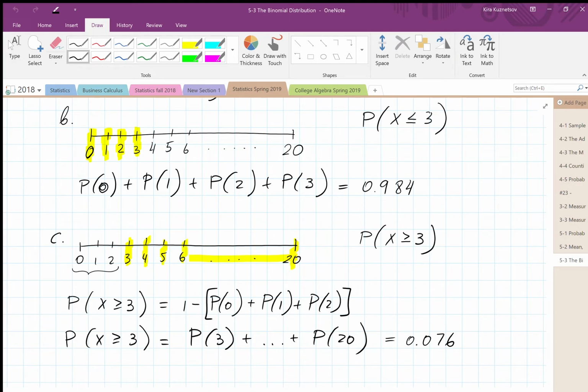This lecture is a continuation of 5-3, and I'm looking at the end of example 5-20. If you just watch the video on calculator, you can see that because it's a yes or no question, the binomial distribution will always subdivide into left versus right.